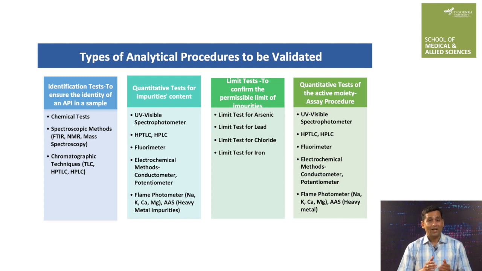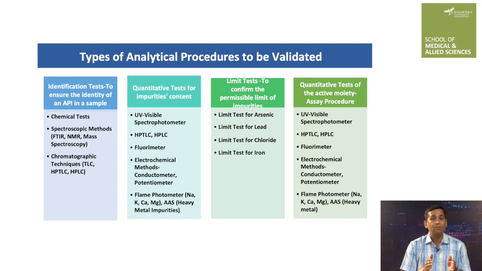Next category is quantitative test for impurities. The analytical techniques which can be used to quantify impurities are UV visible spectrophotometer, HPTLC, HPLC, fluorimeter.